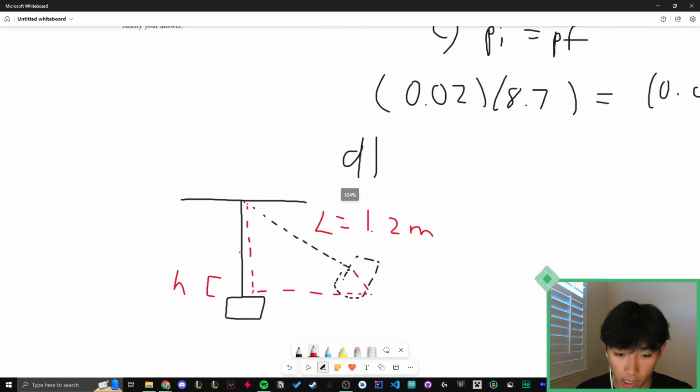Okay, and this is also 1.2 meters. However, this component is not 1.2 meters because we have to use trig here. So here's theta. Just using some basic trig, this will be 1.2 cosine theta, right? And we're basically trying to solve for this theta.